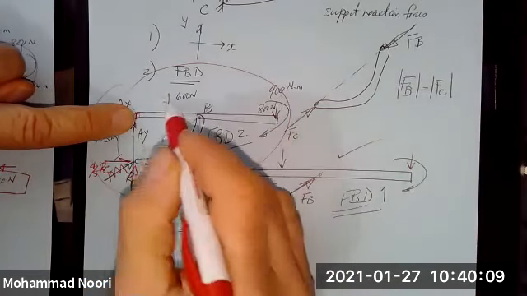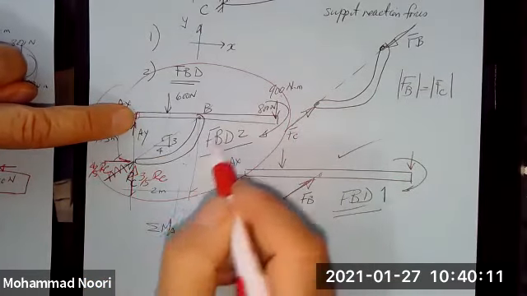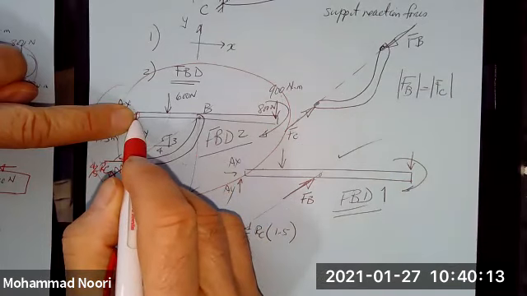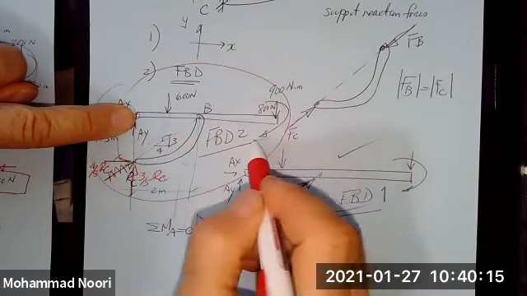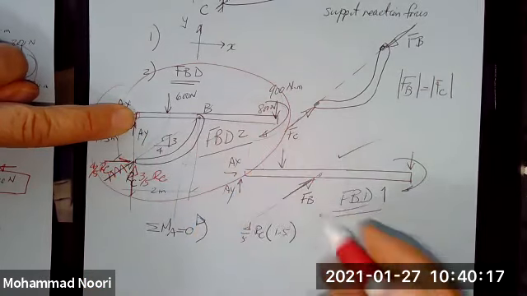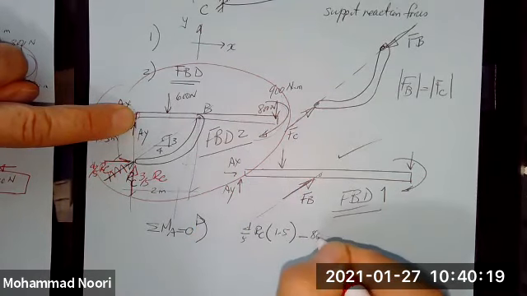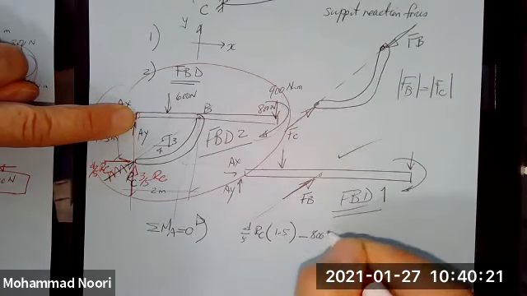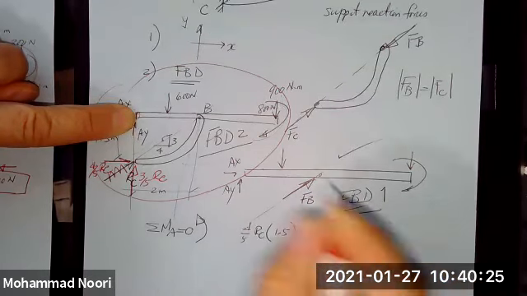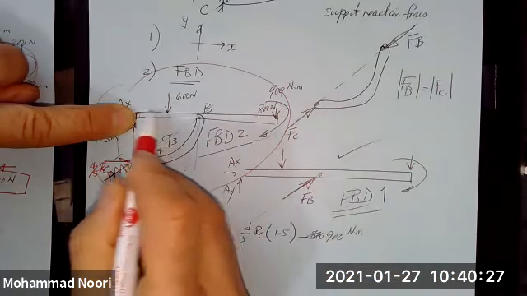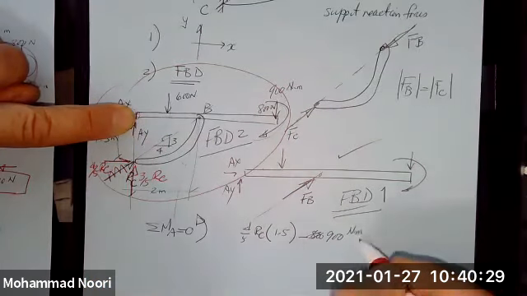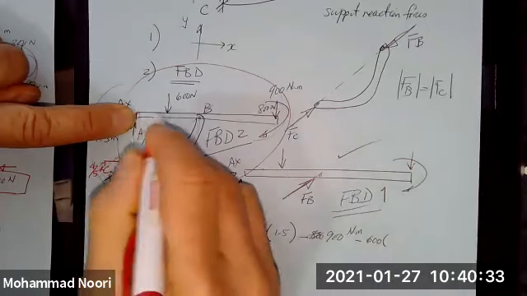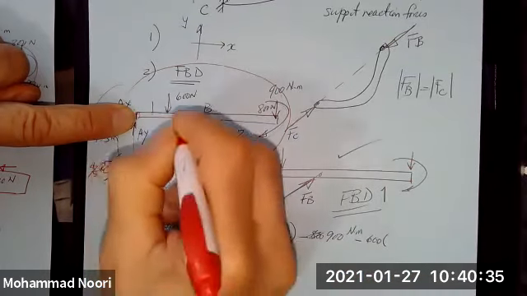You have these two forces, both generate a negative moment about this point, and this moment is already applied as negative, so that is negative 900 Newton meter. Moment of this one would be negative 600 times this distance, which is 1 meter.